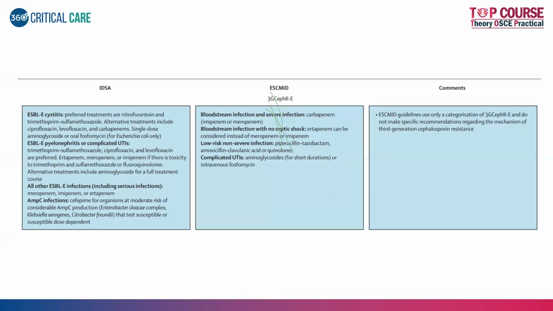If it is UTI, you can still use trimethoprim-sulfamethoxazole or fluoroquinolones. If it is pyelonephritis, you can also use trimethoprim-sulfamethoxazole or fluoroquinolones. If for some reason you're unable to use these drugs, then again you can choose carbapenems.